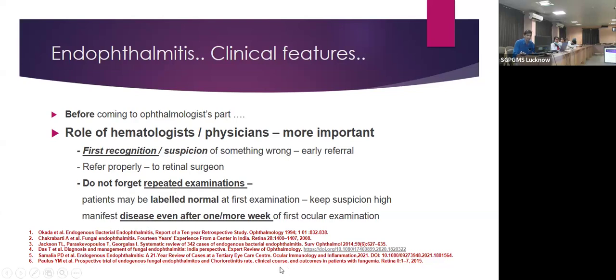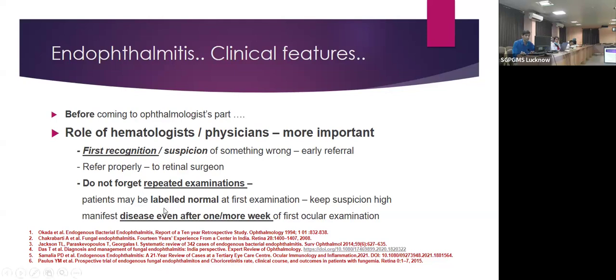Even in a very big center in the US, patients were labeled normal at the first examination, and only at the first or second follow-up were the same patients diagnosed with endogenous endophthalmitis. Because the presentation was in such a way, and patients were not seen by retinal surgeons at first instance. They were seen by a general ophthalmologist, and by somebody else and somebody else. So even in reports from developed nations and very advanced centers, this problem happens.